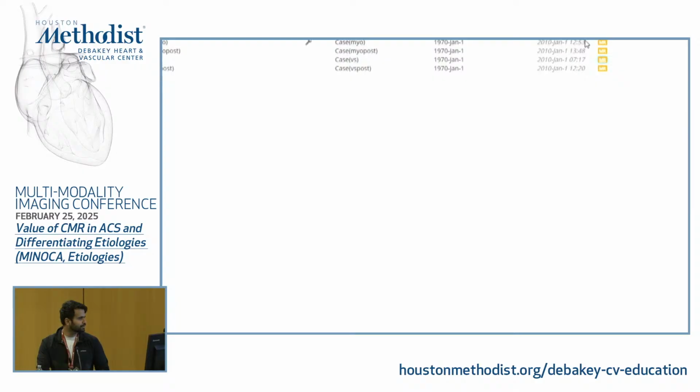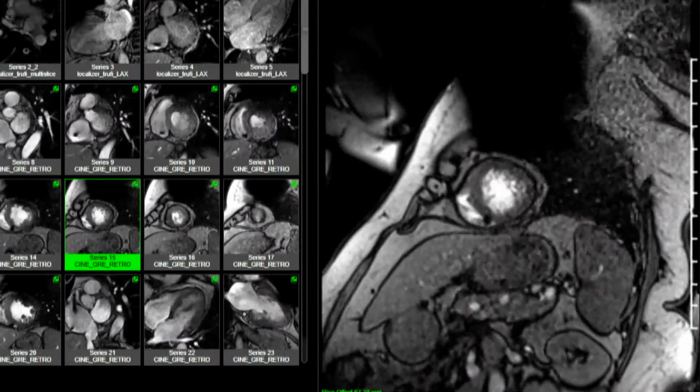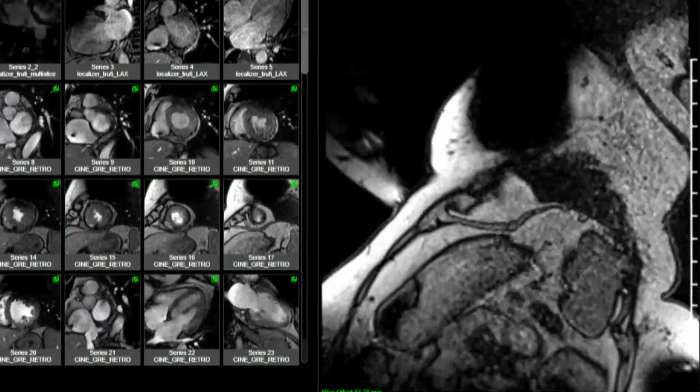She also underwent a post scan, where you can see how different a device scan and a non-device scan are. It's still pretty good: when we scan patients who have devices, we still get good endocardial border definition in most cases.